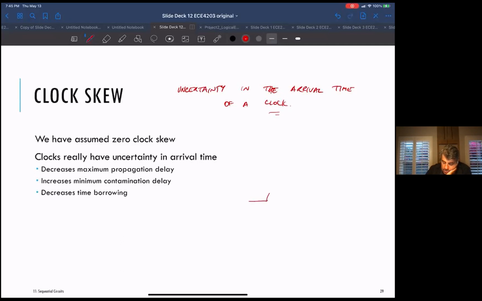One of them is, you'll see position 1 on the chip, and then position 2 on the chip, and the clock won't arrive at the same time. There's some delay between those, and that's called the skew between the arrival times of these clocks.